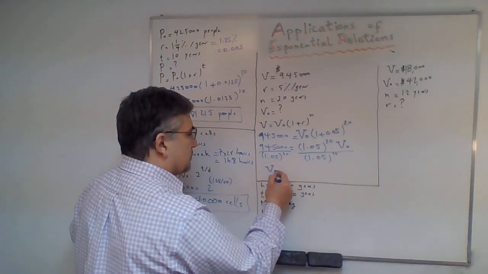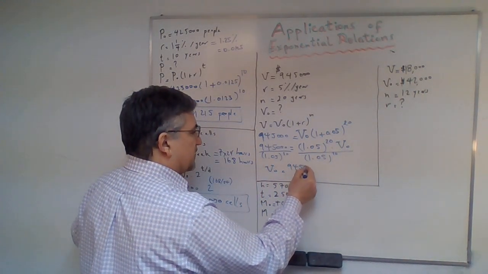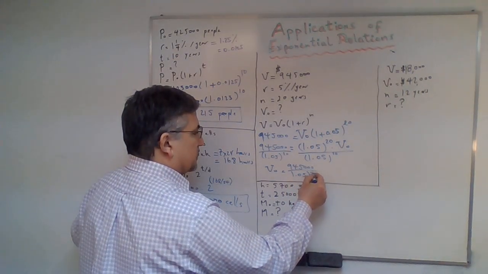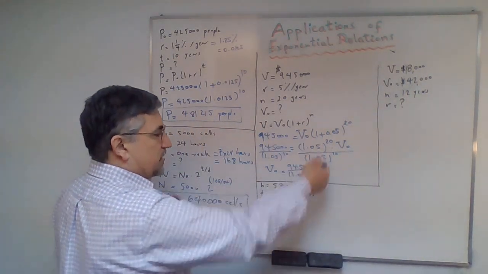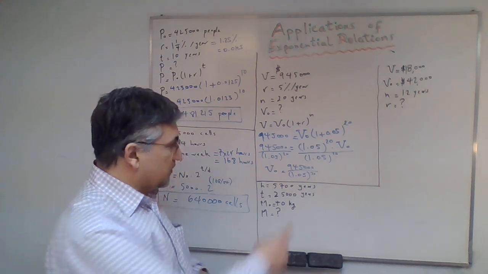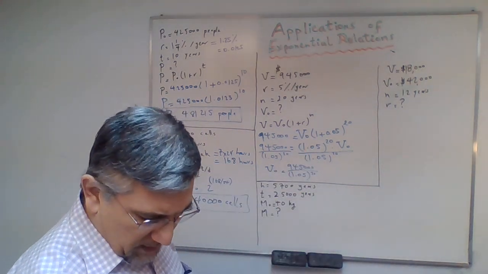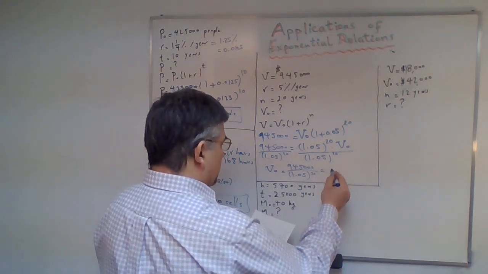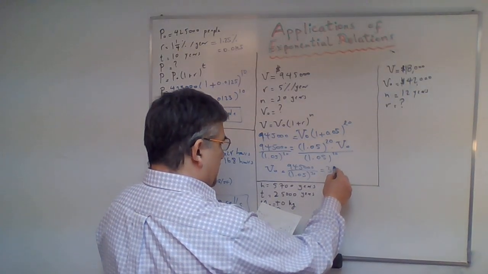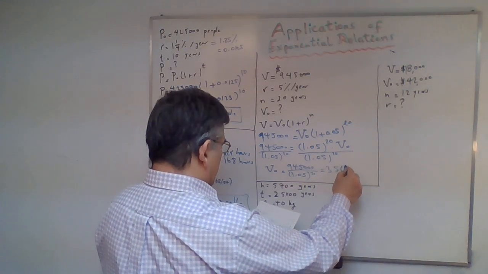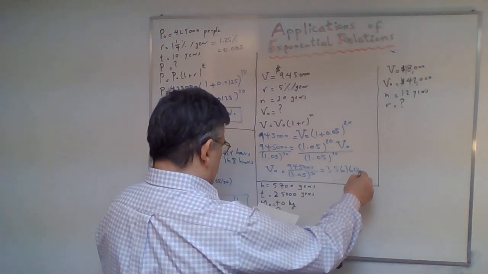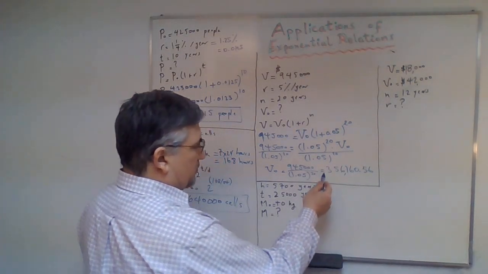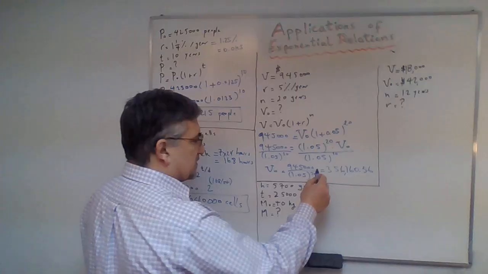So V sub 0 becomes 945,000 divided by 1.05 to the exponent of 20, because these two cancel out each other on the right hand side. And we end up with an answer that is, using a calculator of course, 356,160.56. So about 360,000 basically.